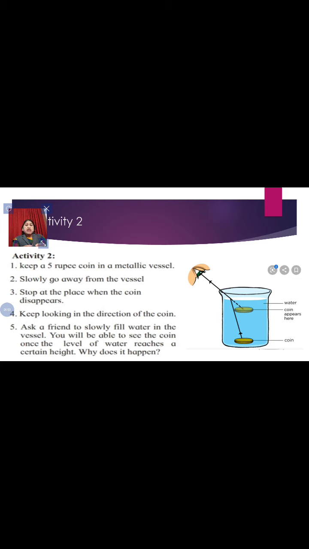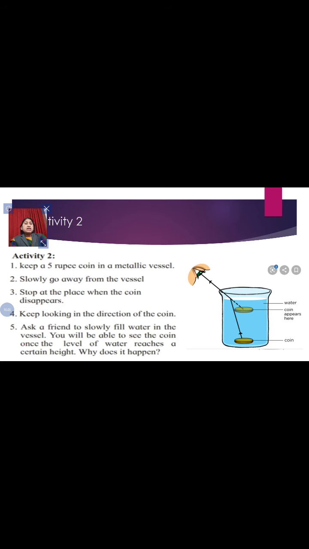Keep looking in the direction of the coin and ask your friend to slowly fill the water in the vessel. You will be able to see the coin once the level of the water reaches a certain height.